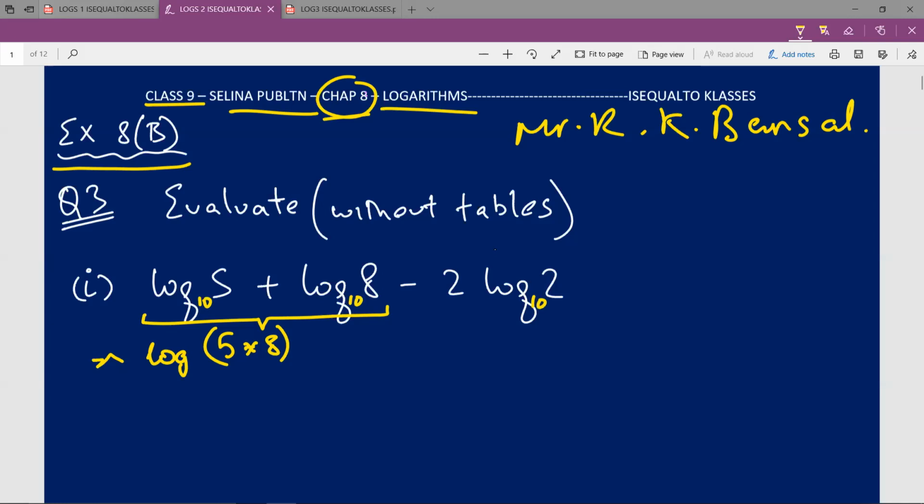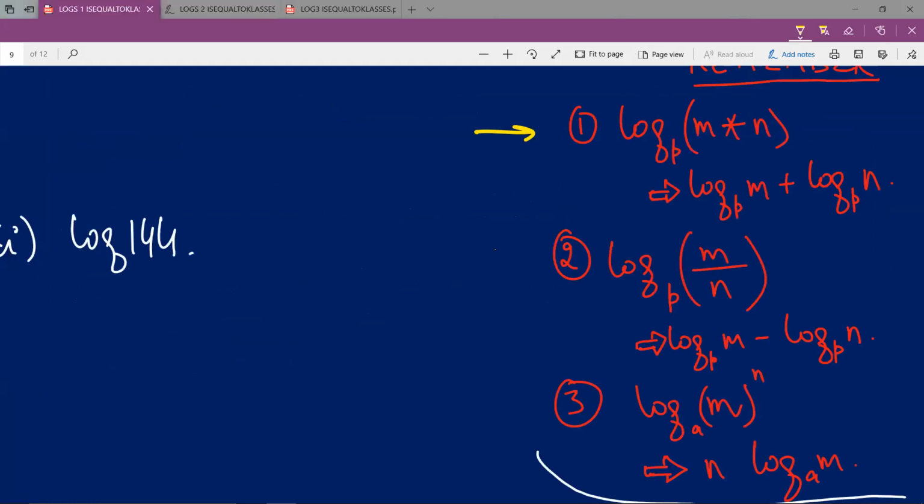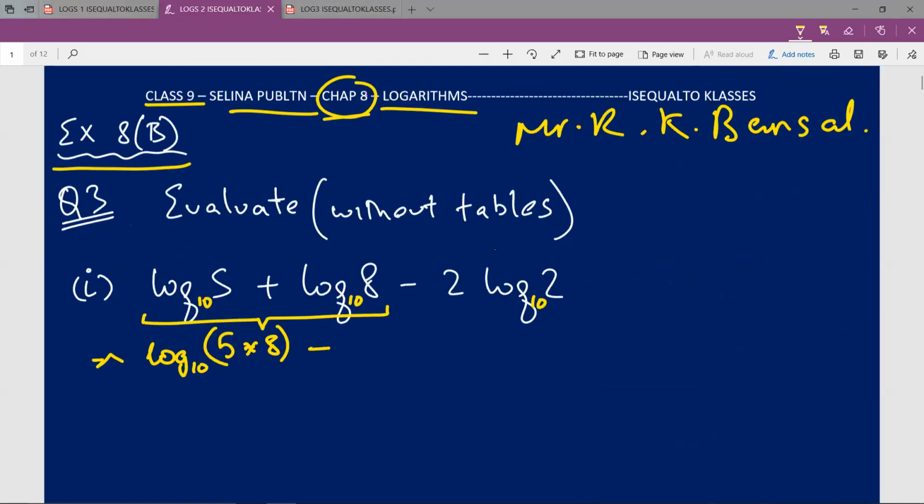So I could write this as log of 5 into 8 to the base 10 minus 2 log 2. Now again, the third law states that log of m to the power n to the base a is equal to n into log of m to the base a. I know it sounds like a mouthful. So this question looks somewhat similar: 2 into log of 2 to the base 10.